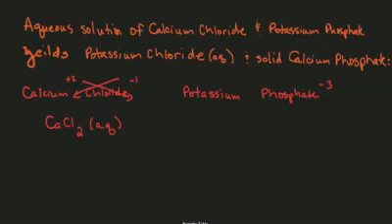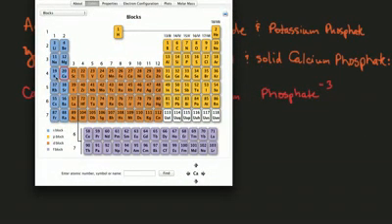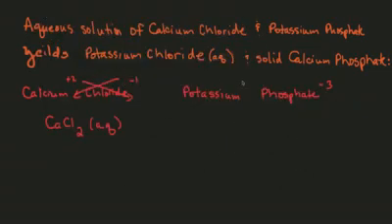Potassium is an alkali metal. It's in group 1, right next to calcium. So it has a charge of +1. And then again, because it's ionic, we switch it across like that. So these are the two reactants.